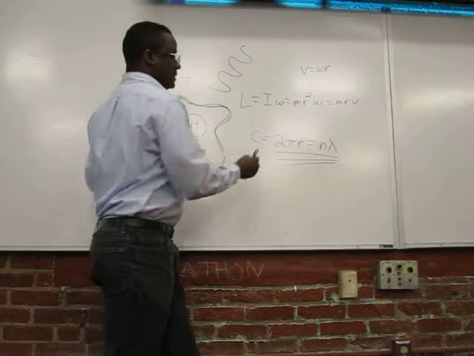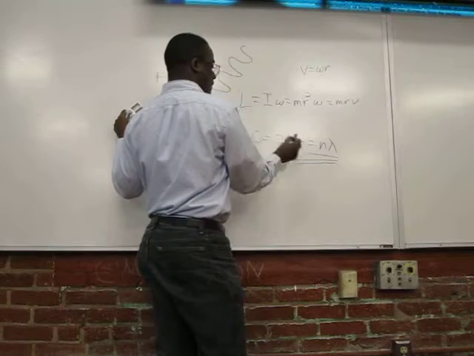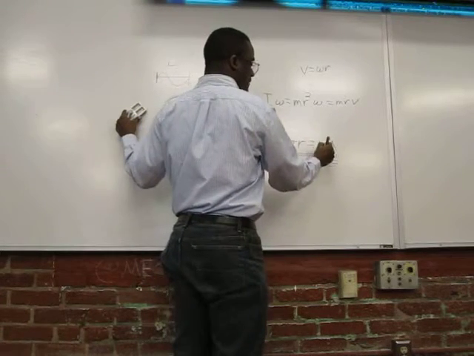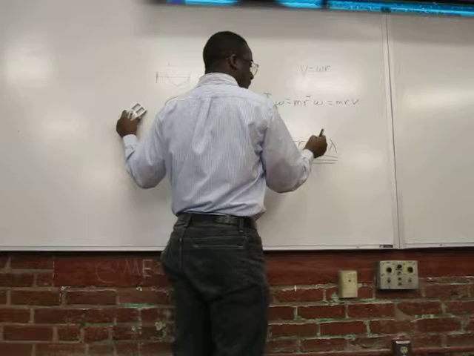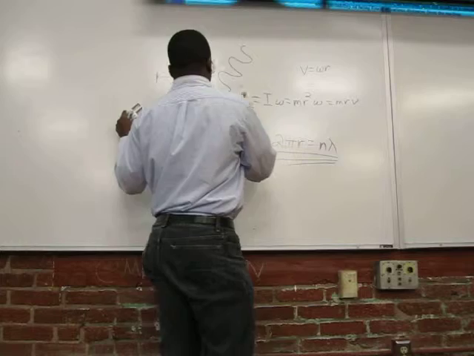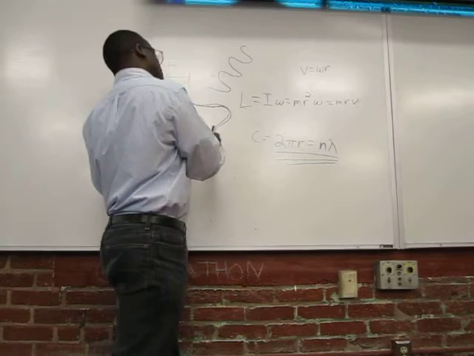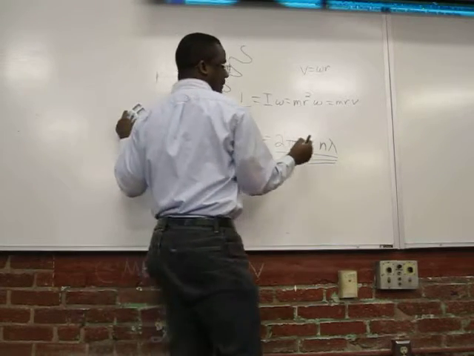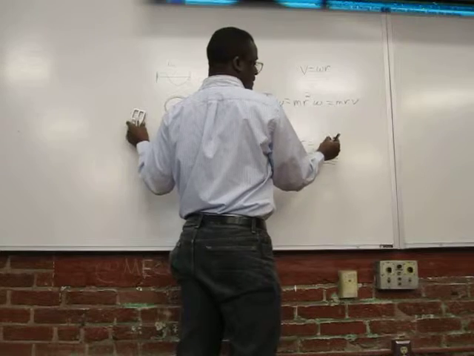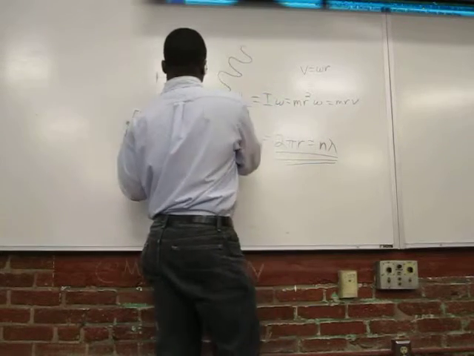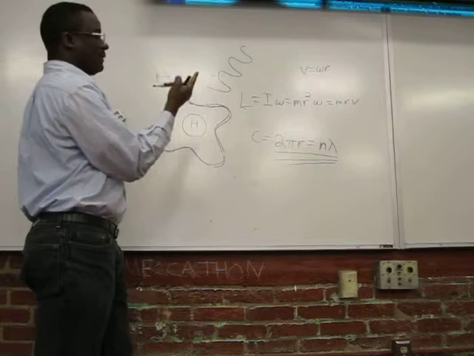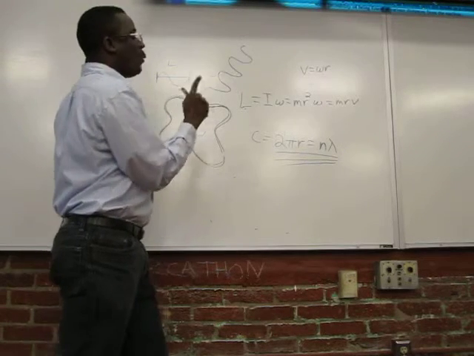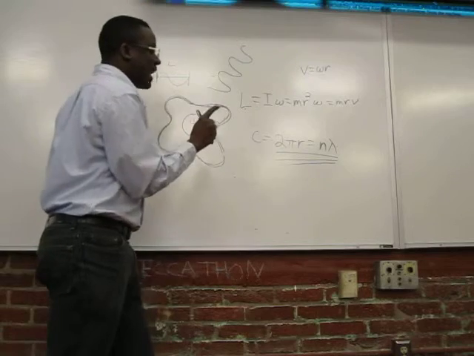Okay, so that's 2 pi r, where r is the radius of the orbit, and then you say that the waves you wrapped around the hydrogen atom, you can only fit integral wavelengths around the atom. Only 1 wavelength, or 2 wavelengths, 3, 4, 5, whole wavelengths, not partial wavelengths, not fractions of wavelengths.